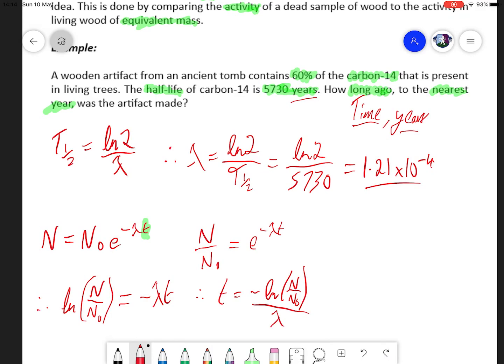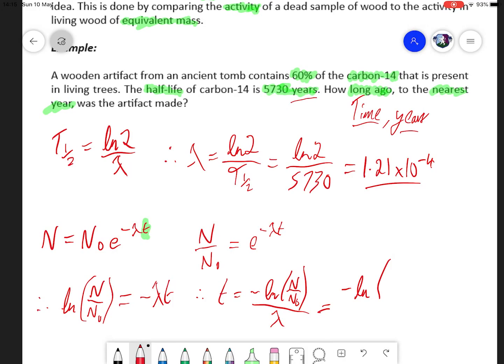With this, we can now plug in our values, and as was stated, if we're taking N naught as 1, so 100% of something, and N as 60% of it, we can then say that N is 0.6 and N naught is 1.